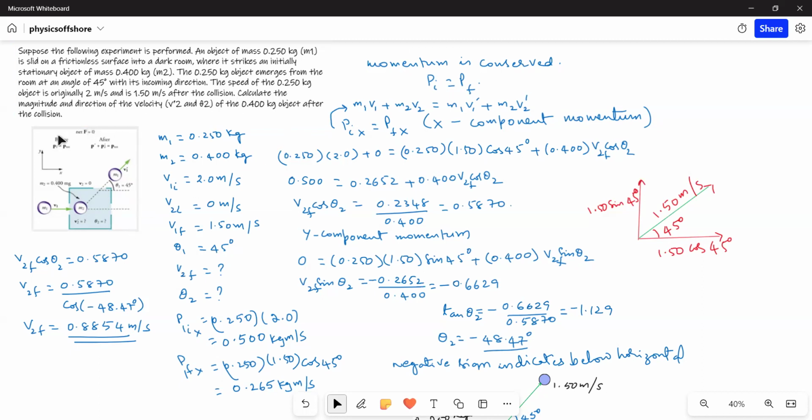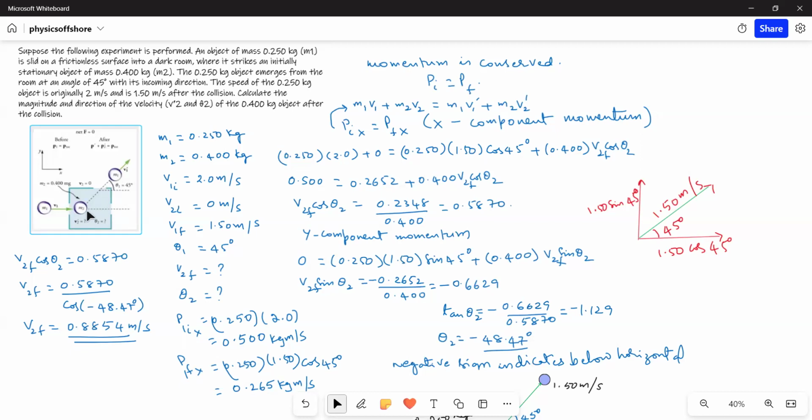This problem is based on the two-dimensional collision. Here, what is happening? A mass of 0.25 kg slides in a dark room with a velocity of 2 meters per second, and it hits another mass of 0.4 kilograms.